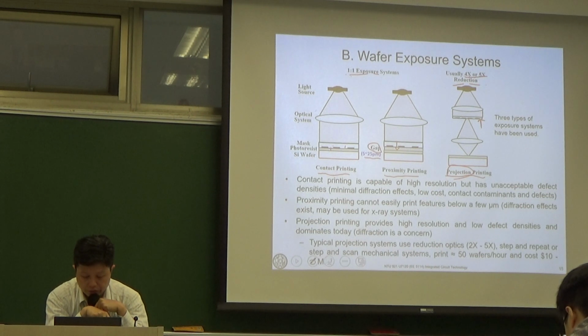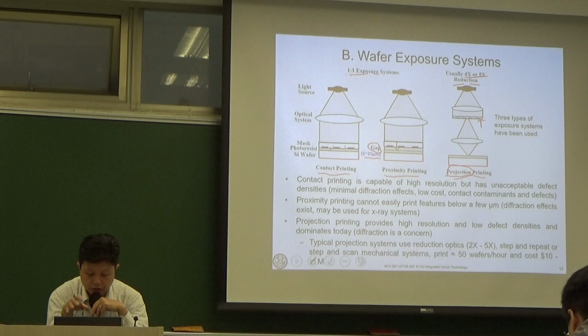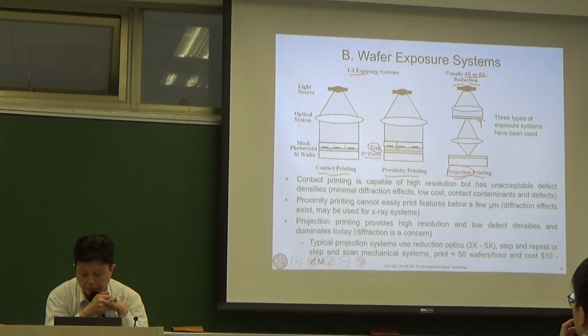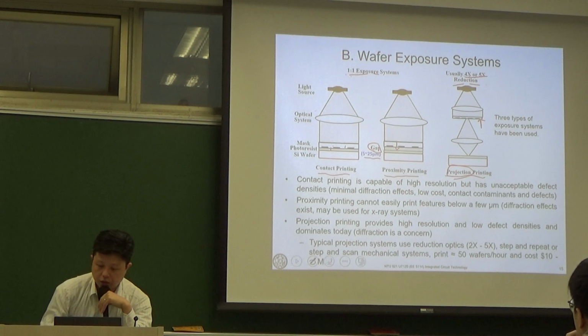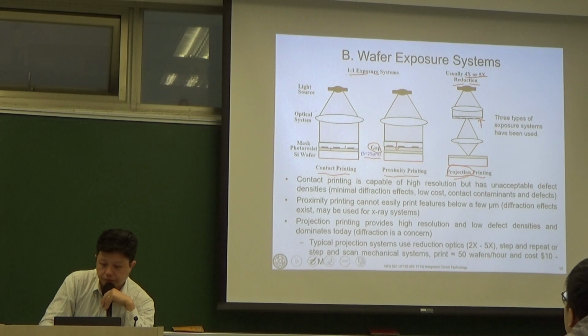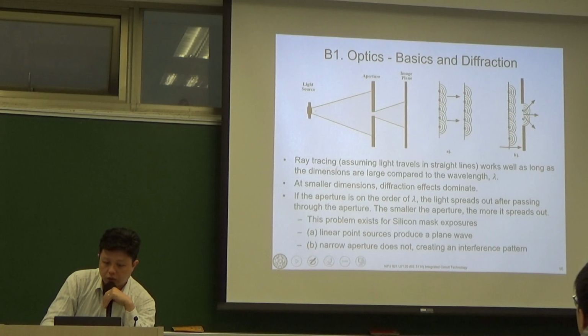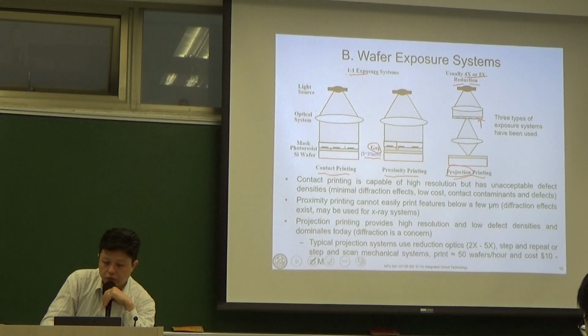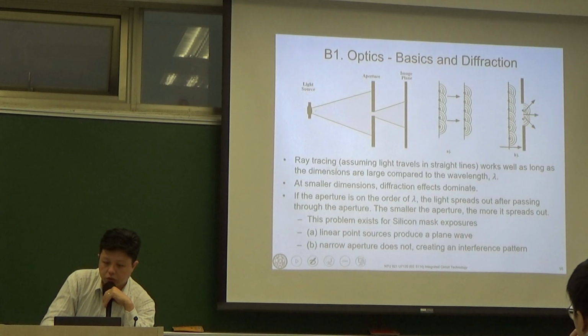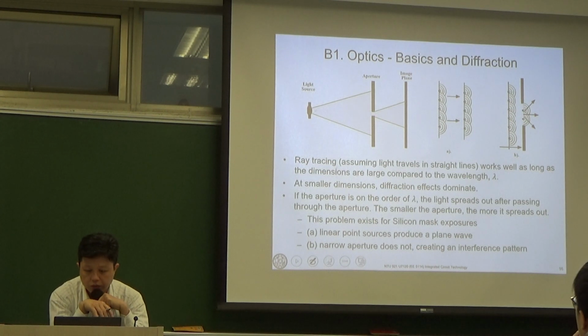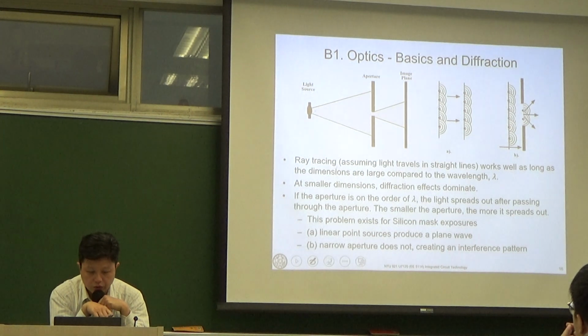Okay, so the third one is very typical in the foundries, and it's like a repeat and step or step and scan combined with mechanical motors. So they can give you high throughput and higher accuracy. Okay, so in these wafer exposure systems, we'll introduce some optics and some fundamental physics here.